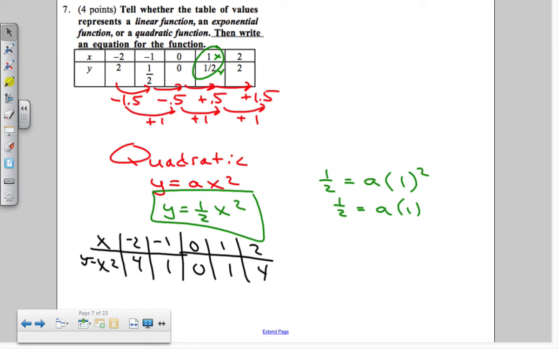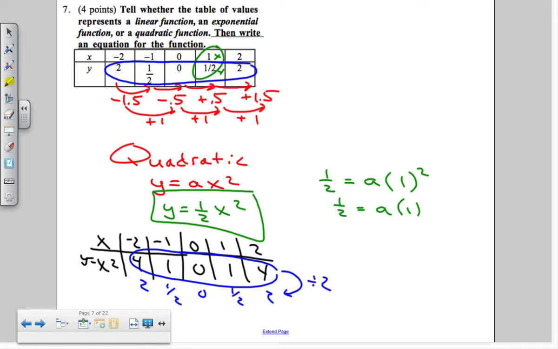And if I compare these numbers, 4, 1, 0, 1, 4, to these numbers, 2, a half, 0, a half, 2, I notice that all of these are half of the 4, 1, 0, 1, 4.